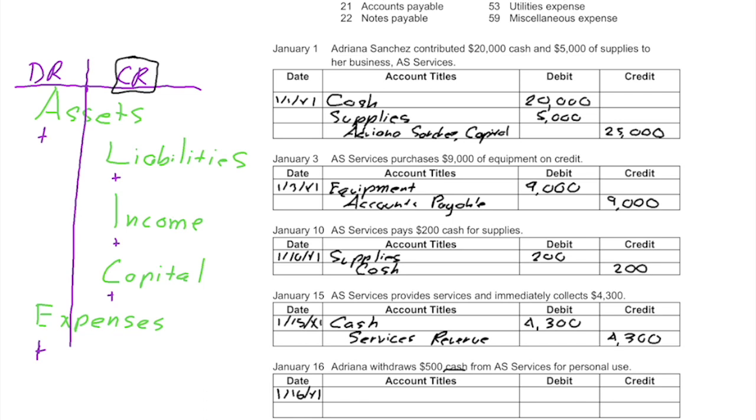So we're going to go ahead and we are going to debit Adriana Sanchez Drawing for the $500. And then we will credit what went down, our cash, for $500. And that's how we'll go ahead and complete these journal entries.